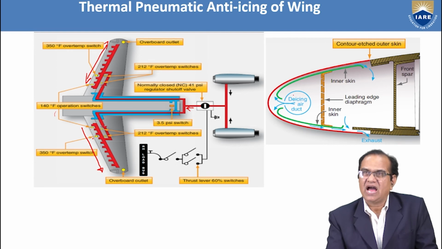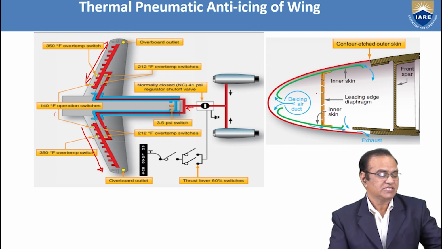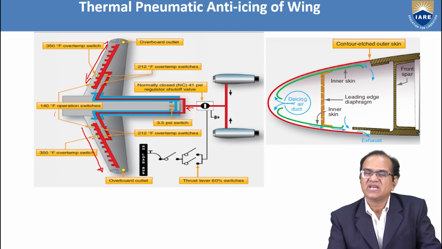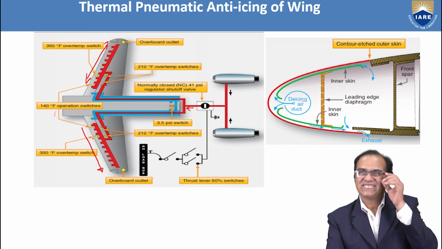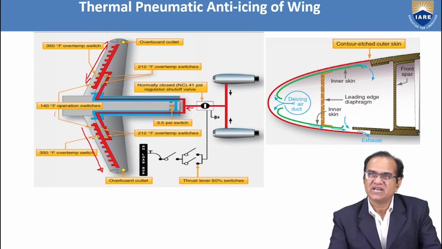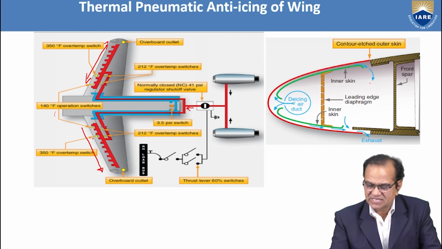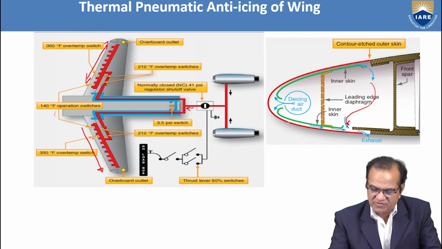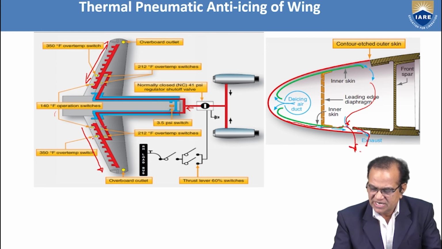The de-icing air comes here, hot air enters the de-icing air duct, and from here it goes to different portions. From here the air comes and goes like this, and from here it is exhausted to ambient.